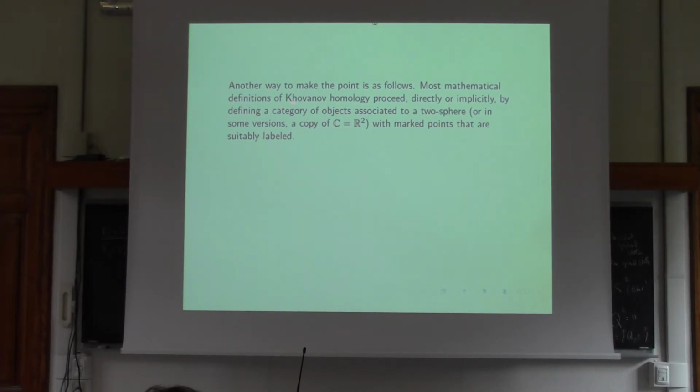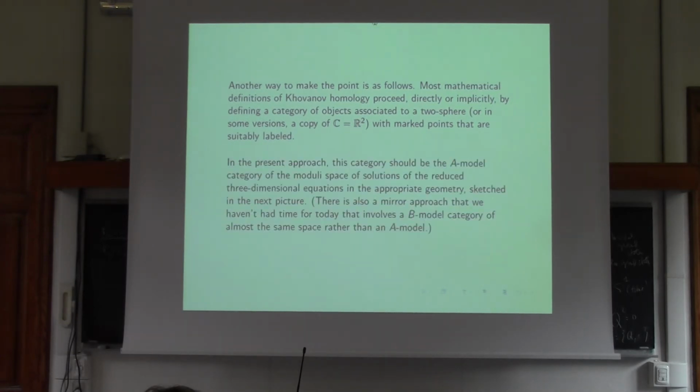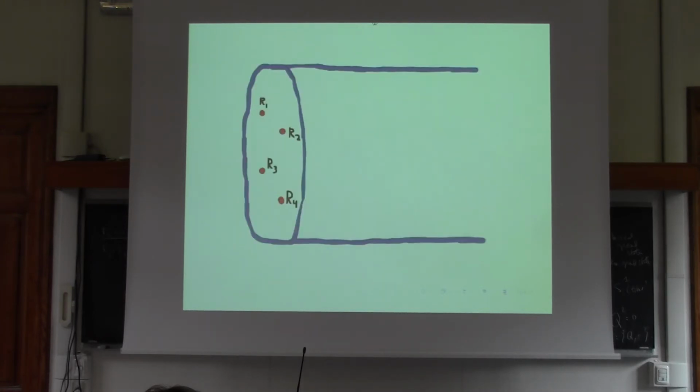A variant of this is as follows. Most mathematical definitions of Khovanov homology proceed one way or another by defining a category of objects associated to a two-sphere, or a copy of R2, with labeled points. So we'd like to know what the category is in the present situation, and it turns out that it should be an A-model category of a moduli space of reduced three-dimensional equations in the appropriate geometry.